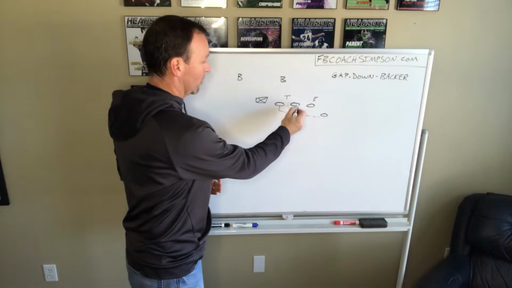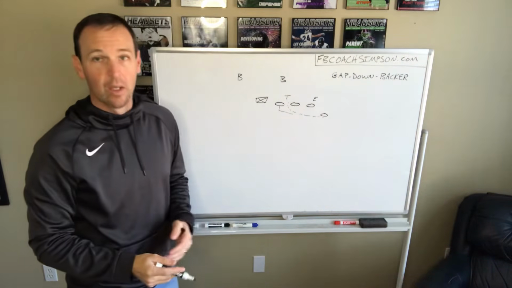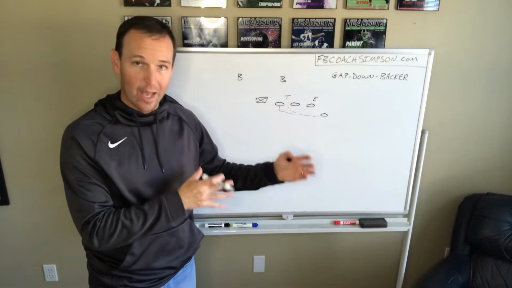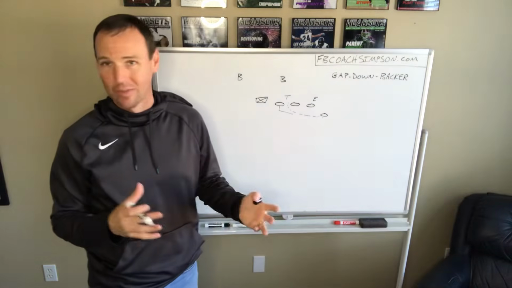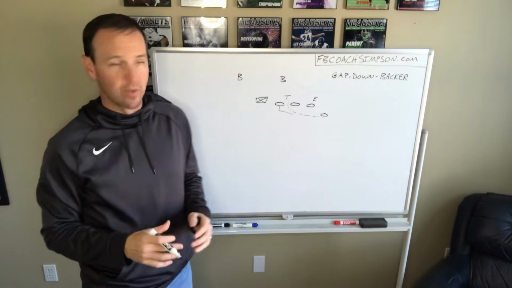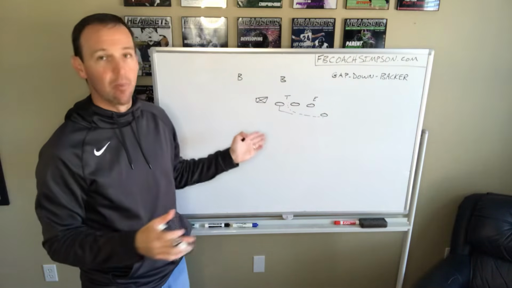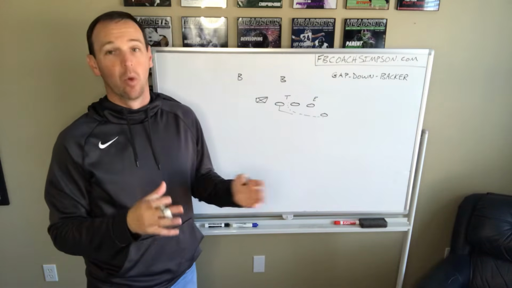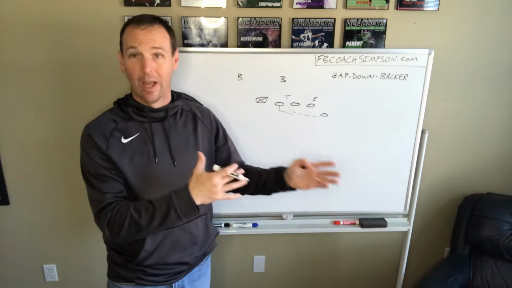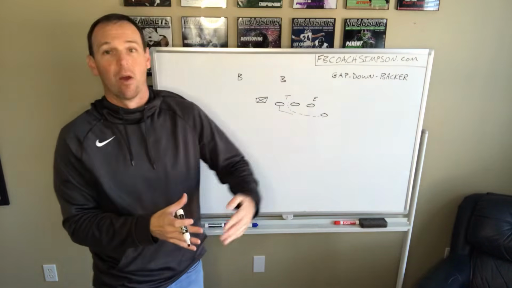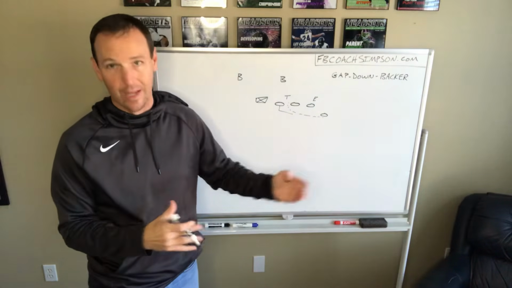So for right here, our strong tackle has a guy down from him or in the gap inside. There's a little subtle difference in them. Basically, down means a guy head up. But gap or down essentially means I'm going to block a defensive lineman in the inside gap of me, or who is head up, an inside player.